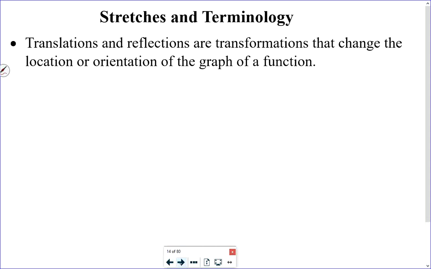They will change the orientation of the graph, so whether it's upside down or left, right, those orientations can change through a reflection. And they can also change the location, because if you translate the graph left or right or up or down, the position changes. But they don't change the shape.